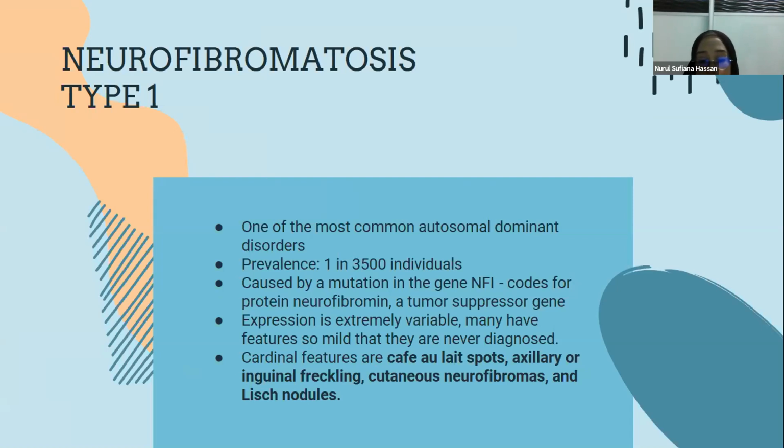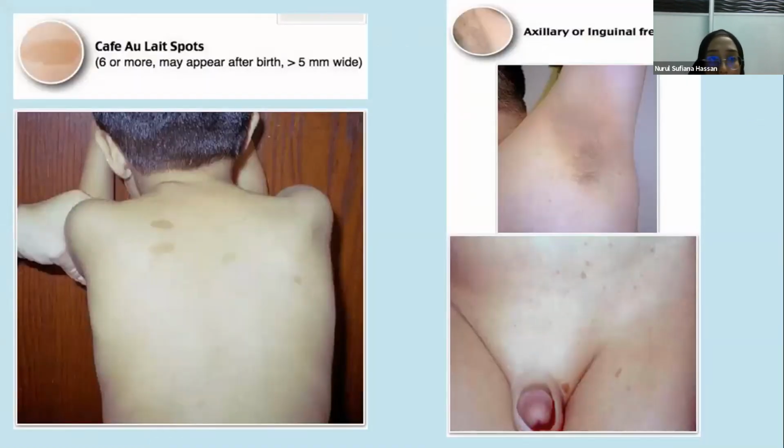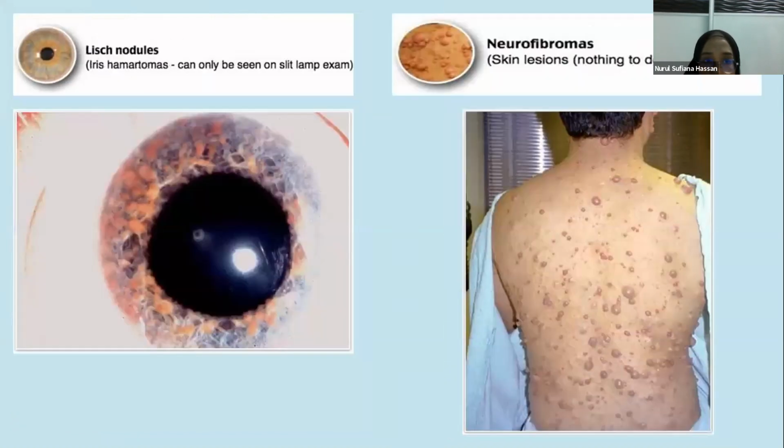The expression in neurofibromatosis type 1 is extremely variable, so many people have features so mild that they are never diagnosed. The cardinal features are the café-au-lait spots, axillary or inguinal freckling, which you see in the picture, Lisch nodules, and cutaneous neurofibromas.